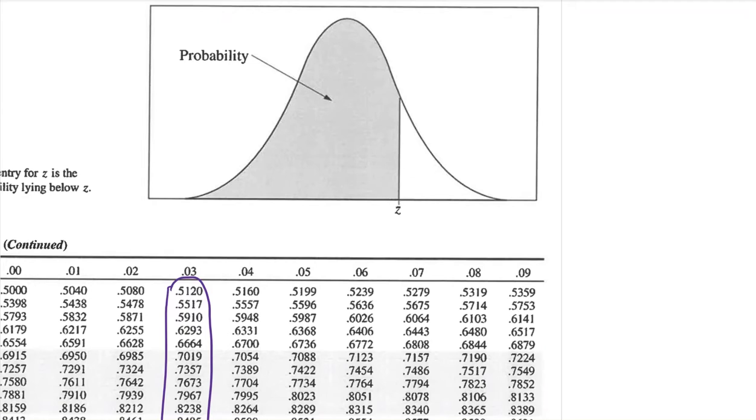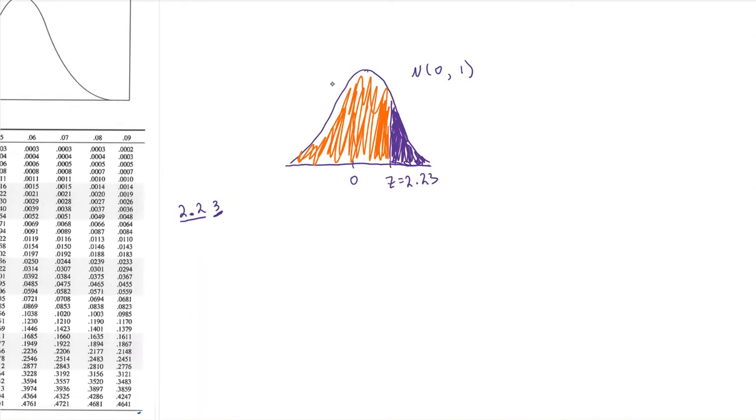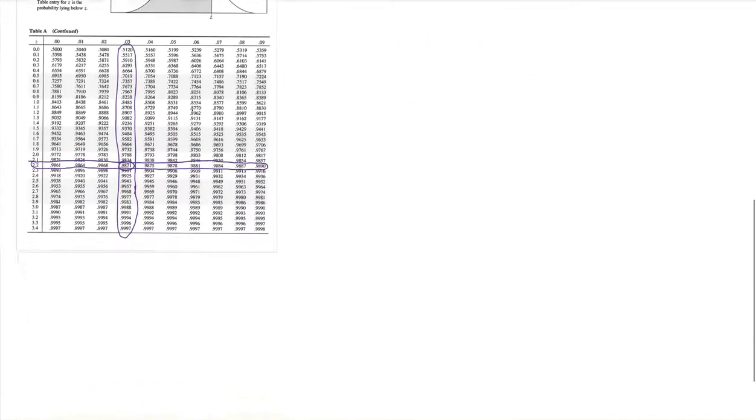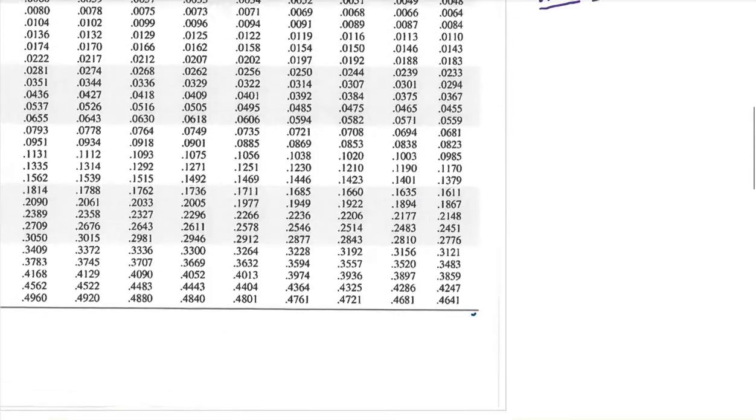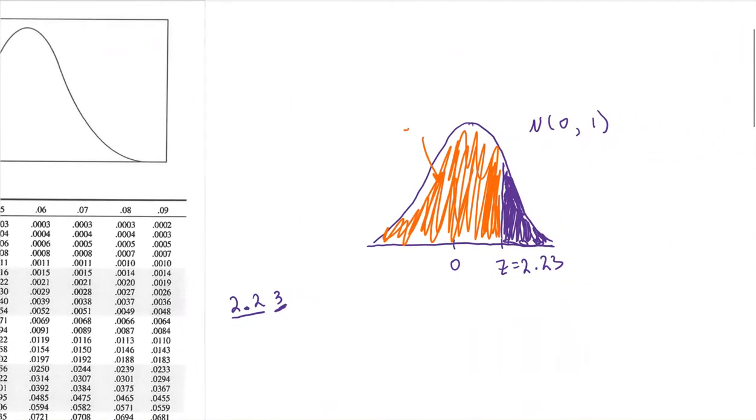So in this case, what that tells me is that in my picture up here, the area to the left, which is this orange area, is 0.9871.